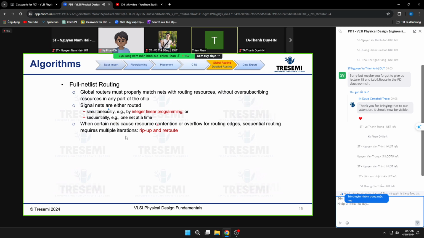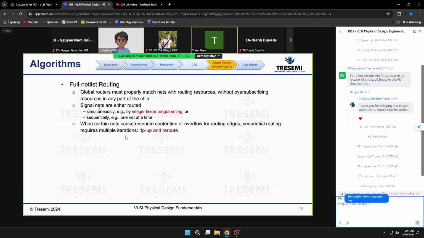Another way of doing it is, it's always about the runtime, right? You want to come up with the best solution by calculating all possibilities, right? Or you want to start with something quick, and then if you see a problem, you fix it locally, right?